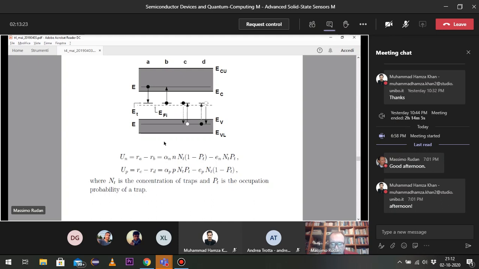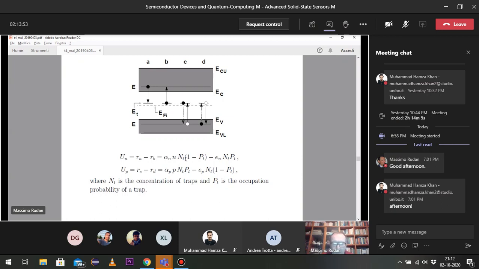Because if a trap is already filled, it cannot be reached by another electron. So we set RA also proportional to the concentration of the empty traps, and the concentration of the empty traps is equal to the concentration of traps, NT, times the probability of being empty.